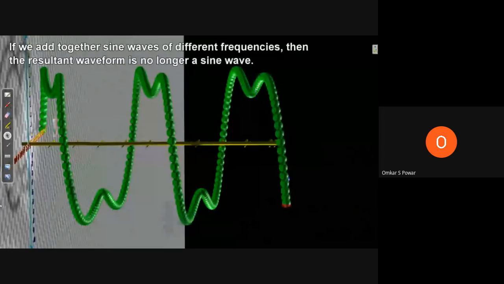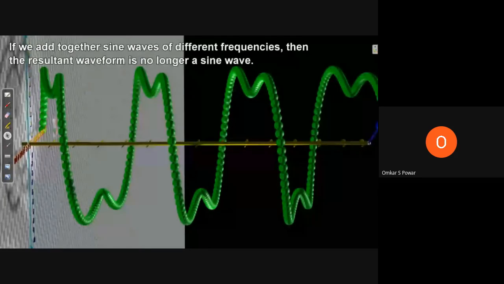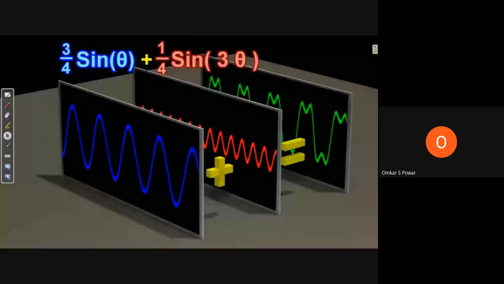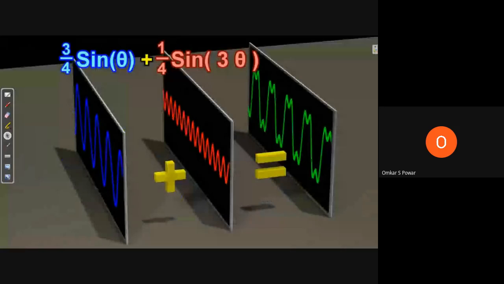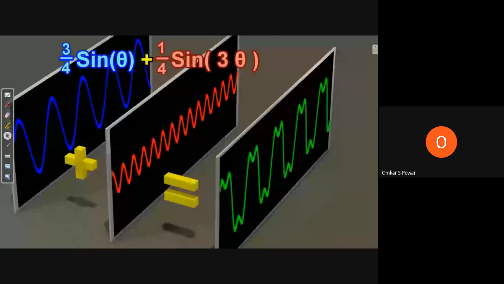See the resultant waveform, whether it's a sine wave, no, it's changing to some other wave when you're adding the sine waves together. So this is the resultant, what you get.